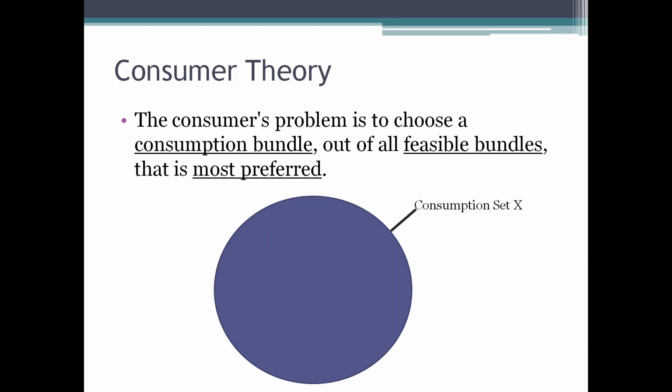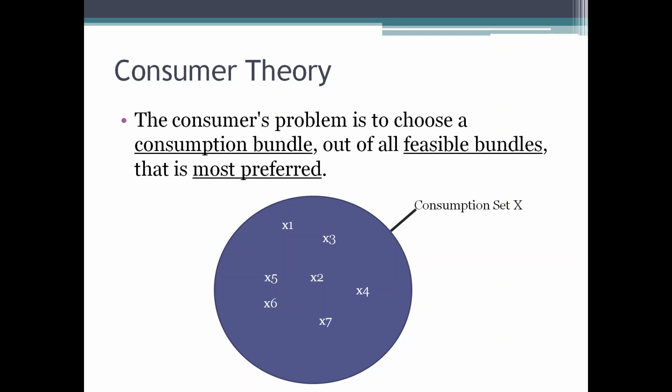This consumption set has different consumption bundles that a consumer might want to buy, might want to acquire. So let's assume we have 7 different consumption bundles, and we will assume in this consumption set that every bundle is in R^n_+ space.